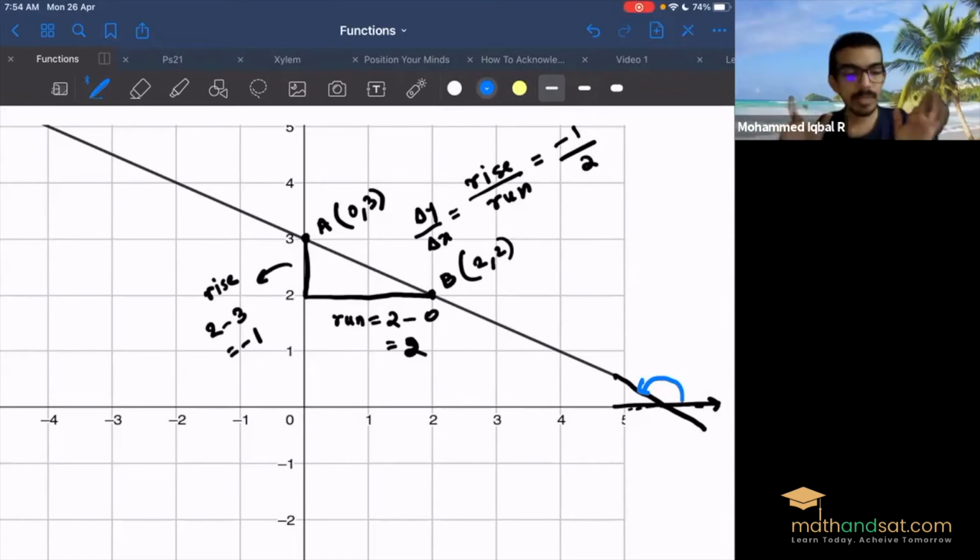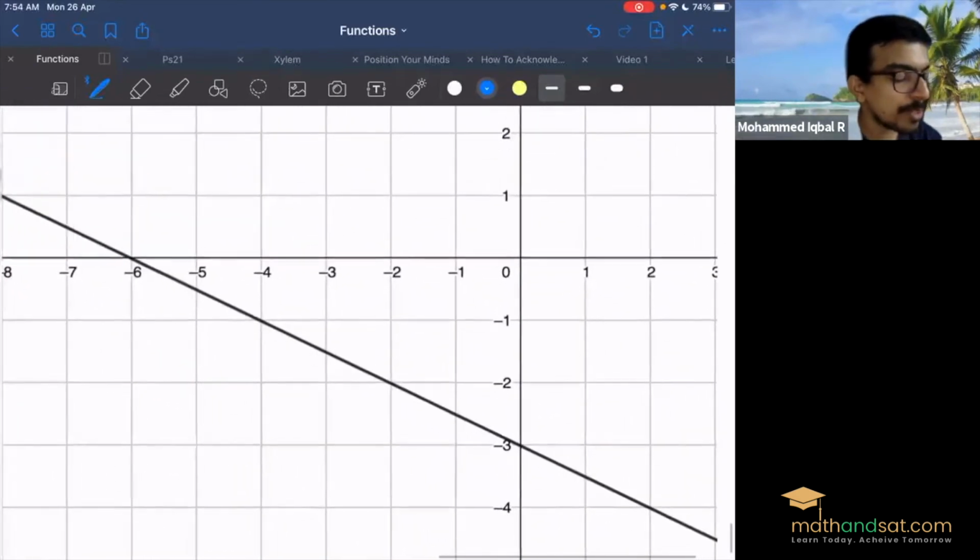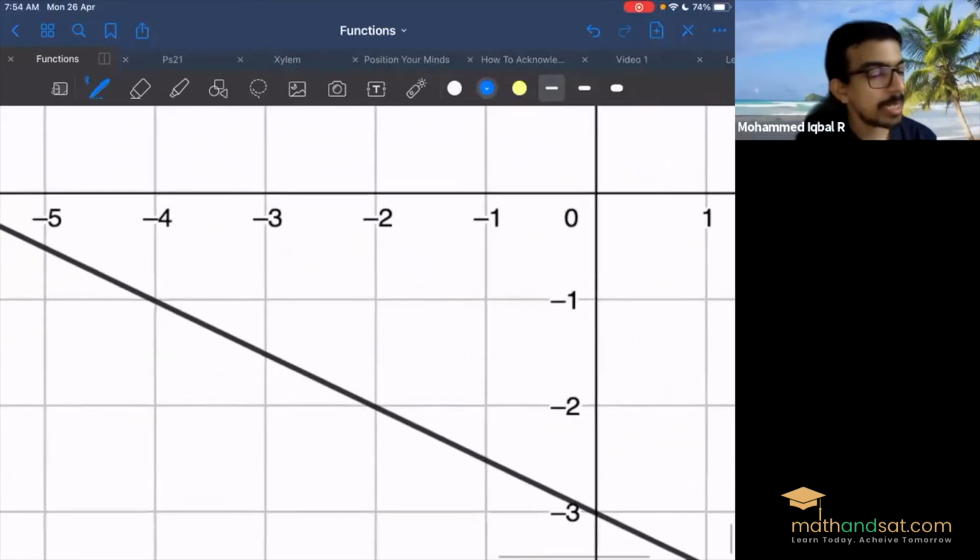Okay, now what is the summary of what we have learned so far? I think I'll do one more question here. Let's figure out the slope of this straight line as well. Then I'll just summarize what we have done.